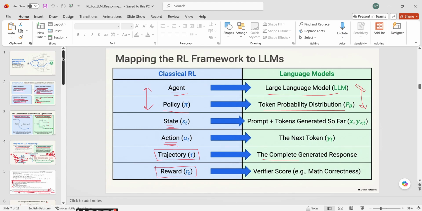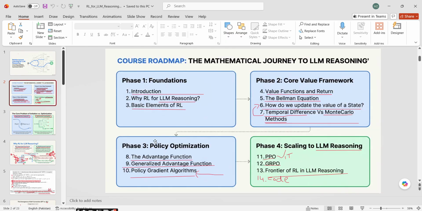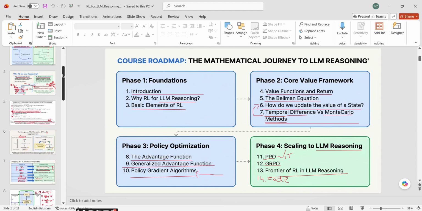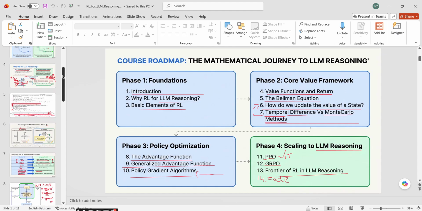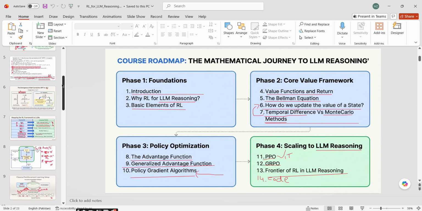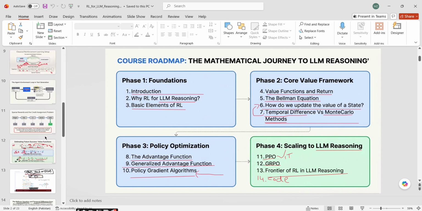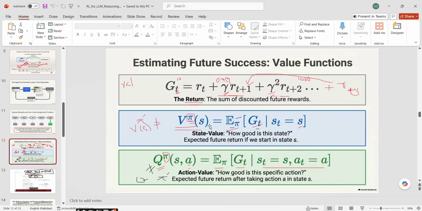Once we understand the basic elements of a reinforcement learning problem, we can work towards the solution. In order to solve reinforcement learning problems, I introduced you to the concept of value functions. Value functions help us estimate the value of two of the most important elements in a reinforcement learning problem: the value of a state and the value of an action taken in a certain state.